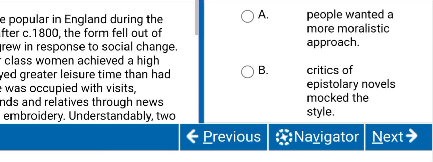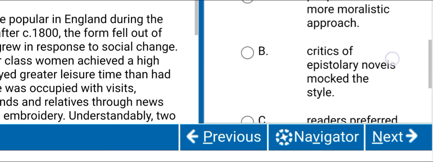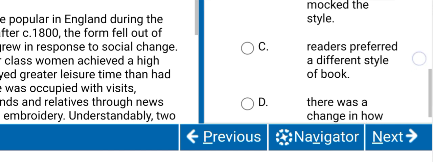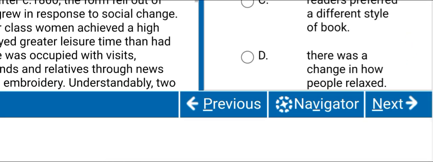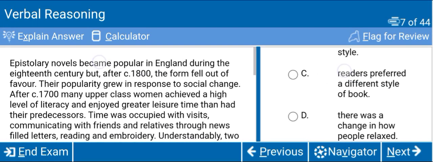Option B, critics of epistolary novels mocked the style. Option C, readers preferred a different style of book. Option D, there was a change in how people relaxed.